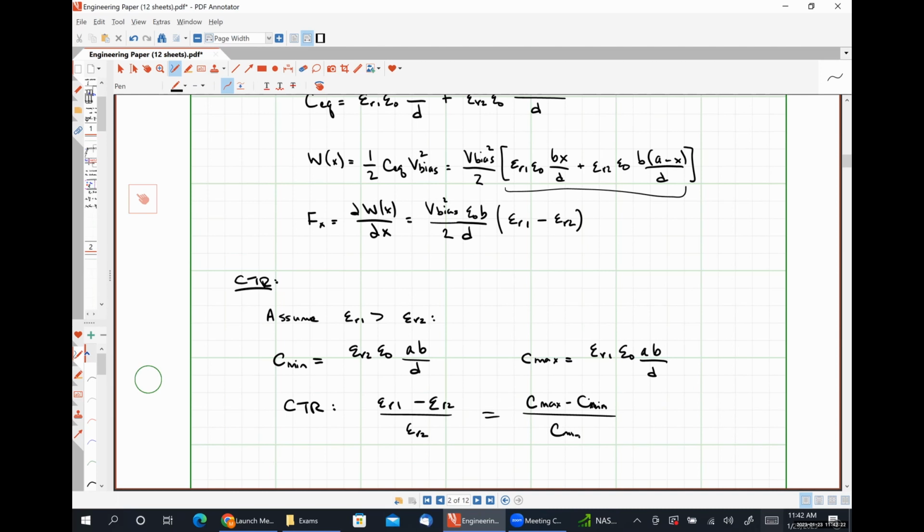So we get extremely large tuning ranges due to our electrostatic actuation replacing material 2 with material 1, assuming that we have very large differences in permittivity. Okay. So when I did this in graduate school, I was able to get capacitive tuning ranges of over 6,000%. So a 60 times increase in capacitance.